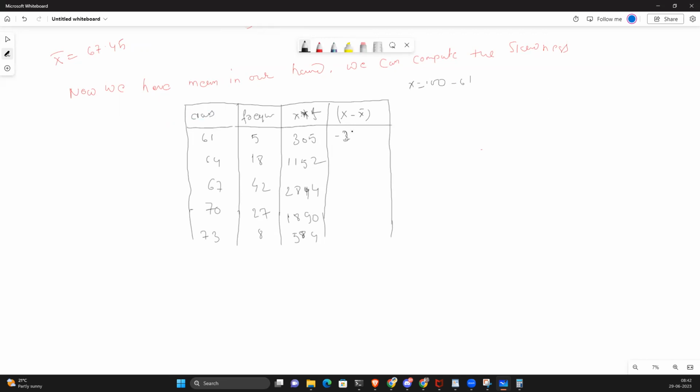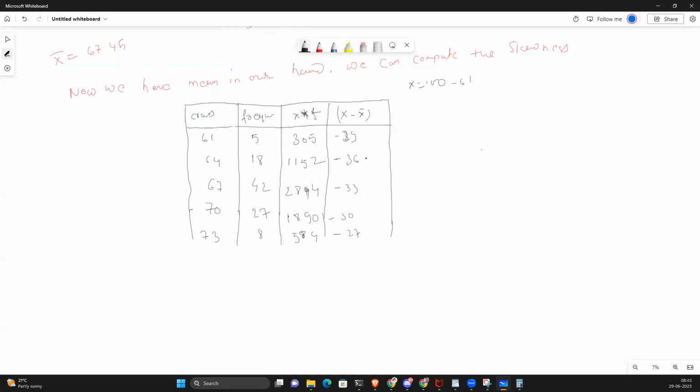And the same thing can be calculated for these as well. Minus 36, minus 33, minus 30, minus 27. So we calculated these things.